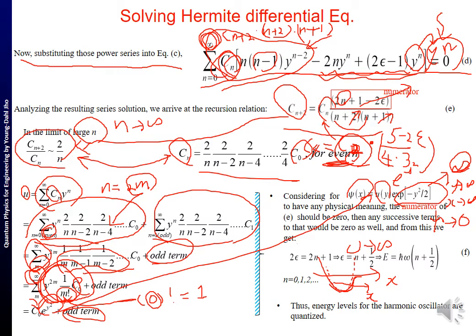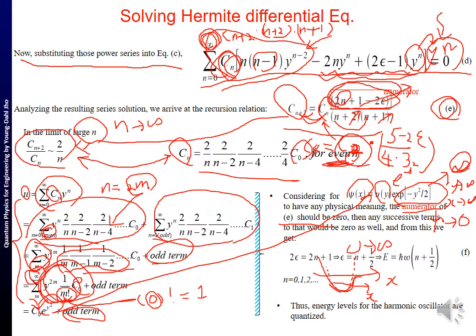So in this case, we see that the numerator of this one should be 0 at some point. If it's non-zero and this recursion relation survives, then it is added into infinitely large terms. So this relation works always unless the numerator is 0, and this is physically wrong.